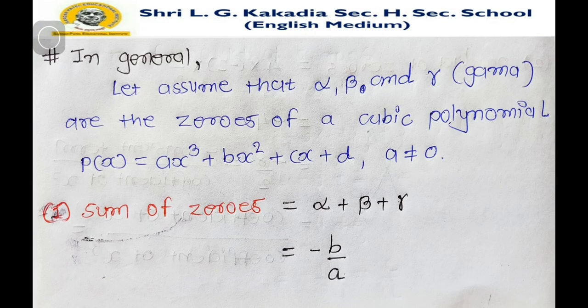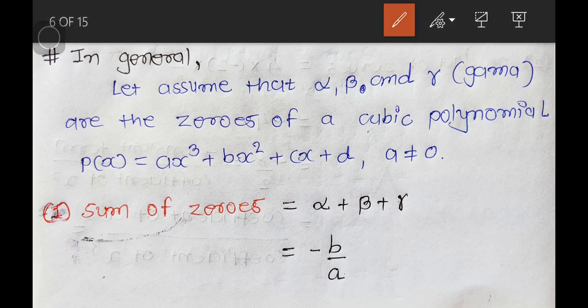So in general, for any cubic polynomial, let us assume that alpha, this sign is called alpha, this one is beta, and third sign is gamma. So here three symbols alpha, beta and gamma are zeros of cubic polynomial, because a cubic polynomial has at most three zeros.